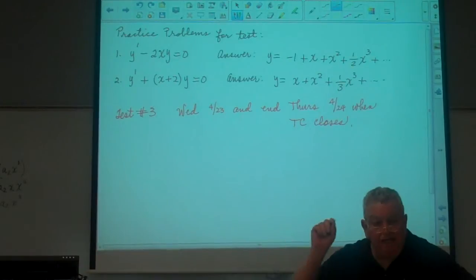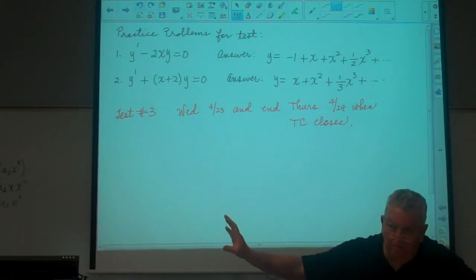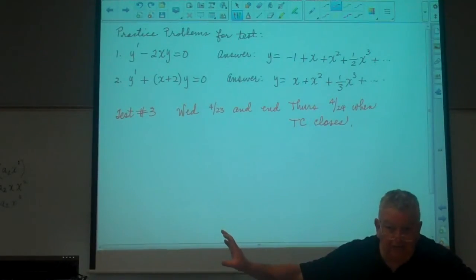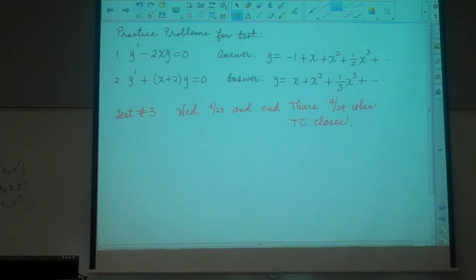Then you'll solve for the absolute value of x, and you'll get some number. If I have the absolute value of x less than 3, you remember that is x less than 3 and greater than minus 3, and that is the interval of convergence.